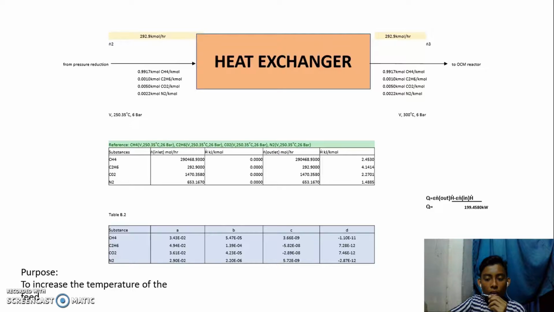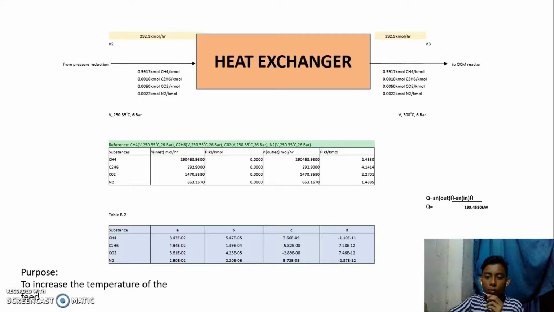So I also calculate using the same approach. First I choose the inlet as the reference, then use Table B2 for every substance, the A, B, C, D, and then calculate the Q. The Q that I get is 199.4580 kilowatt.